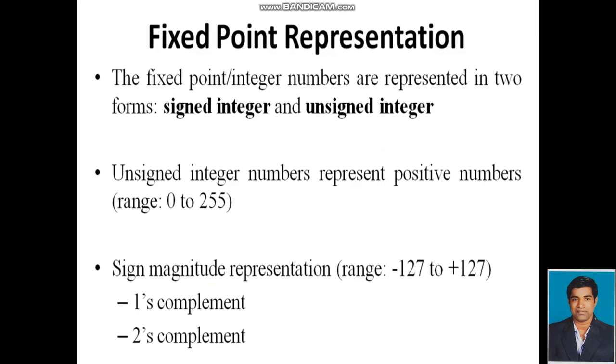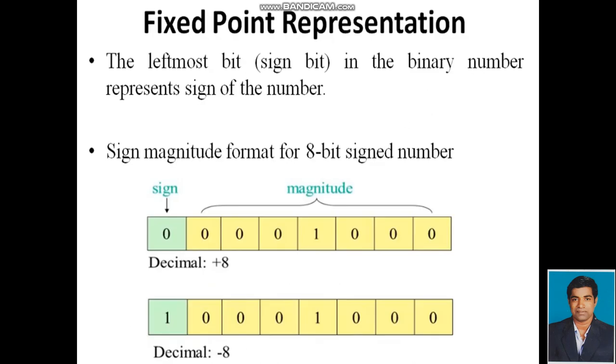Signed magnitude representation has the range minus 127 to plus 127. Here we are using ones complement and twos complement techniques. In fixed point representation, the leftmost bit, the sign bit in the binary number, represents the sign of the number.